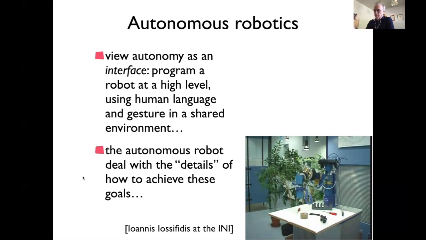When you program the robot in a conventional sense, you would have to give it all the details, where exactly the object is, the coordinates, and which joint configuration exactly to use, with which speed, and so on, which grasp. And being able to just set the goal at this macroscopic level, like get me this object, then the generation of the detailed solution to that would be the autonomous part. So in that sense, autonomous robots could be viewed as robots that provide this kind of high-level communication interface. And that's an idea very common in assistance robotics.